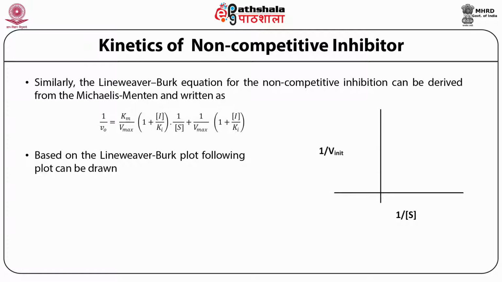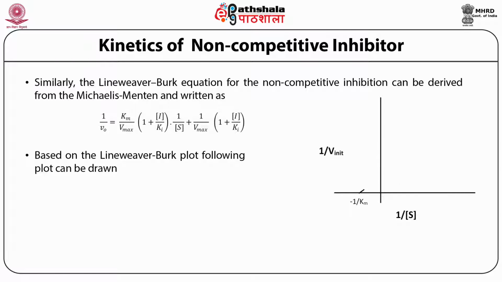This is what we are trying to say: a particular pattern of graph of non-competitive inhibitor is observed here that is totally different from competitive inhibitors and uncompetitive inhibitors, and that is very useful when you are going to determine the type of mechanism that a particular inhibitor is going to have.